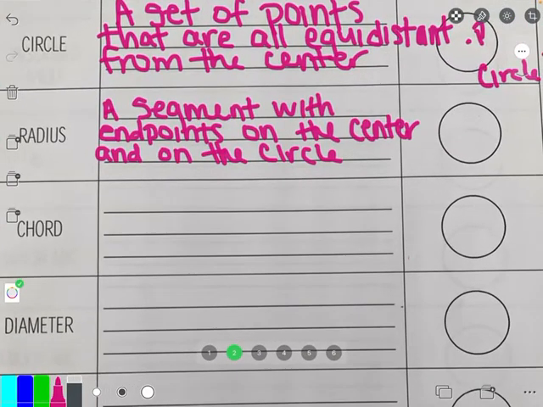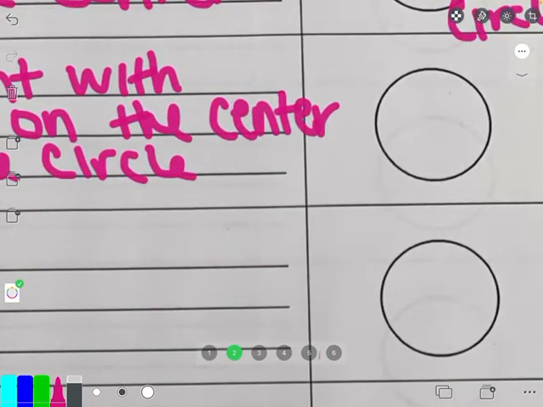Again, I'm using the same picture from earlier. That was point P. The radius would then just go to the end, and we can call that point A.